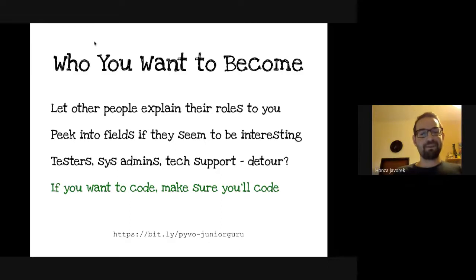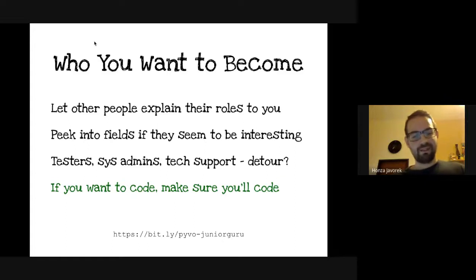Then often people find positions which are related to tech, but are somewhere nearby, where you don't need to code. So it's like testers, system administrators, tech support, and so on.